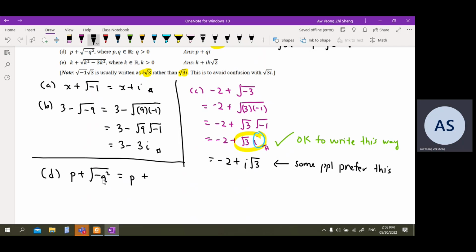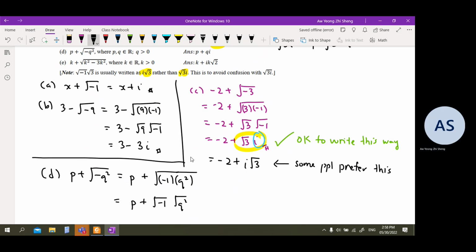Square root of minus q squared will be interpreted as -1 times q squared. The q squared must be positive because of the power 2, and because q itself is also positive. So -1 is negative, q squared is positive. It is okay to distribute my square root over the product because not both components are negative: surd minus 1 times surd of q squared.